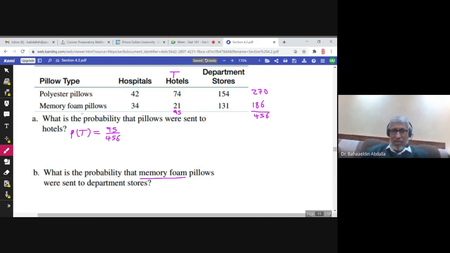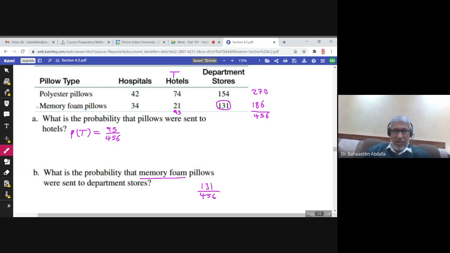So he needs memory foam pillows sent to department stores. The number of memory foam pillows sent to department stores is 131, and the total number of pillows is 456. So this is the probability.